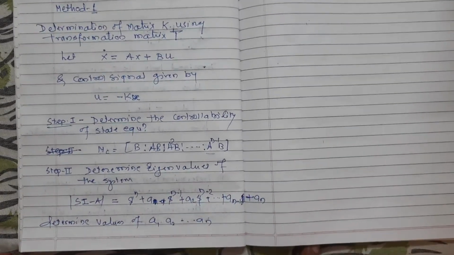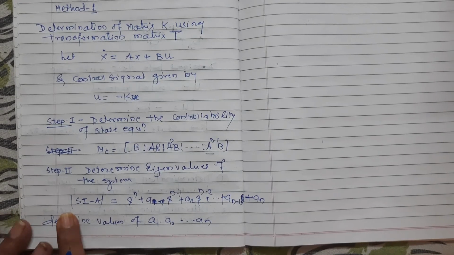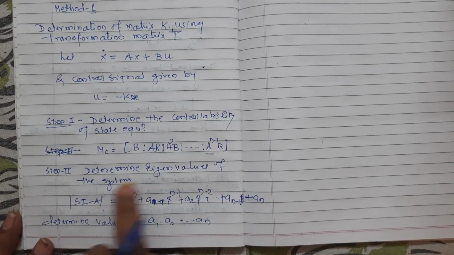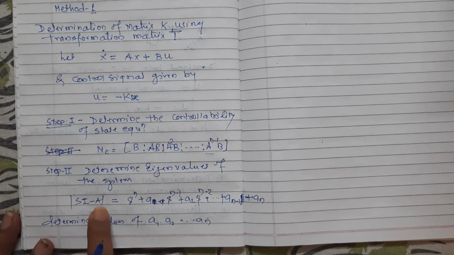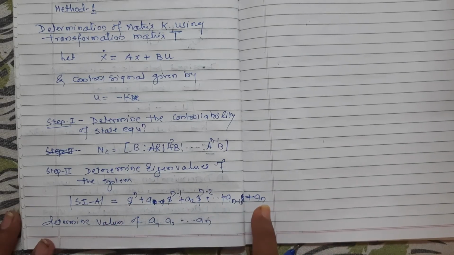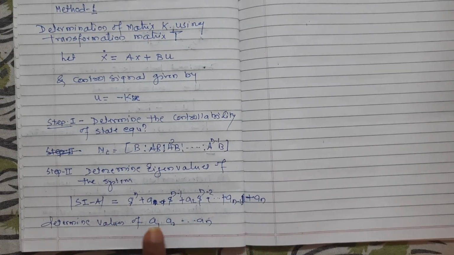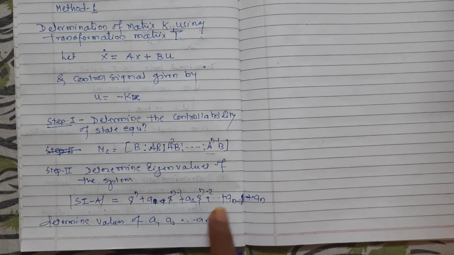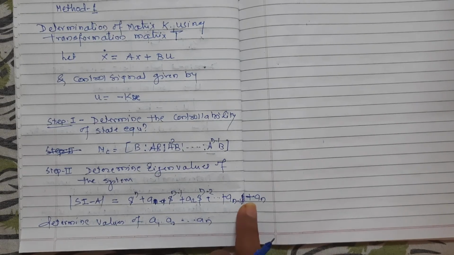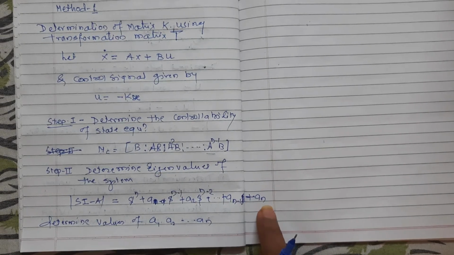So here we determine the eigenvalues of the system. The formula is sI minus A. We solve this and get the polynomial characteristic equation: s raised to n plus a1 s raised to n minus 1 plus a2 s raised to n minus 2, plus a n minus 1 times s plus an.